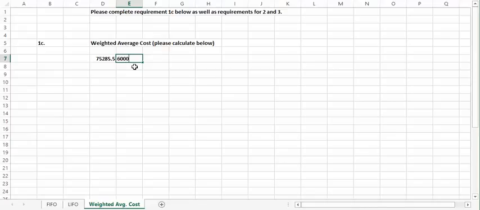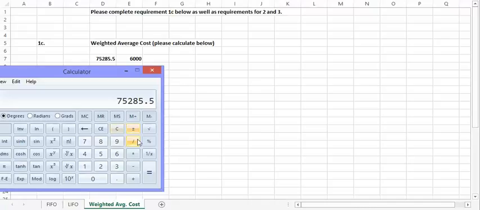So we're going to take that divided by 6,000, which would give us the cost per unit. So in this example, each unit would cost $12.55.